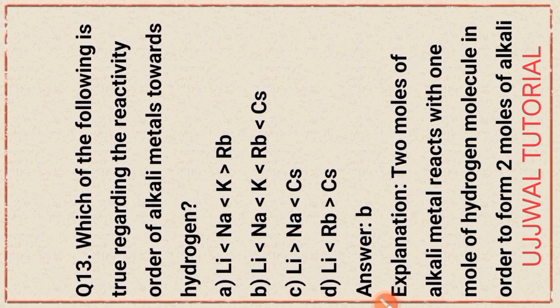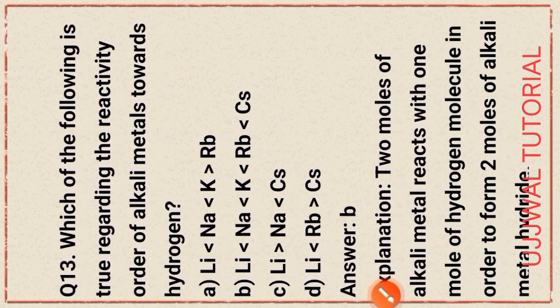Next question: which of the following is true regarding the reactivity order of alkali metals towards hydrogen? Option B: lithium less than sodium, less than potassium, less than rubidium, less than cesium.